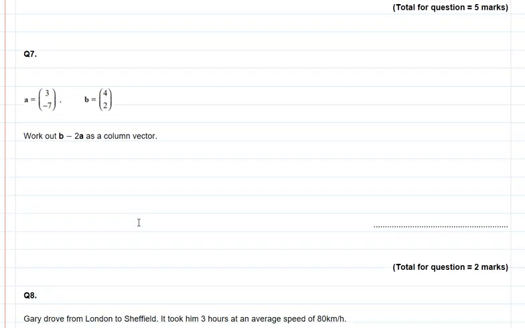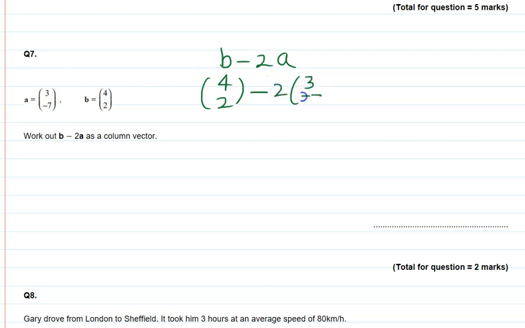Now next question. Here is a vector question. You need to calculate b minus 2a. So let's write down b minus 2a. b is basically 4 and 2, so let's write down 4 and 2. This minus sign, minus 2a, where a is 3 and minus 7.